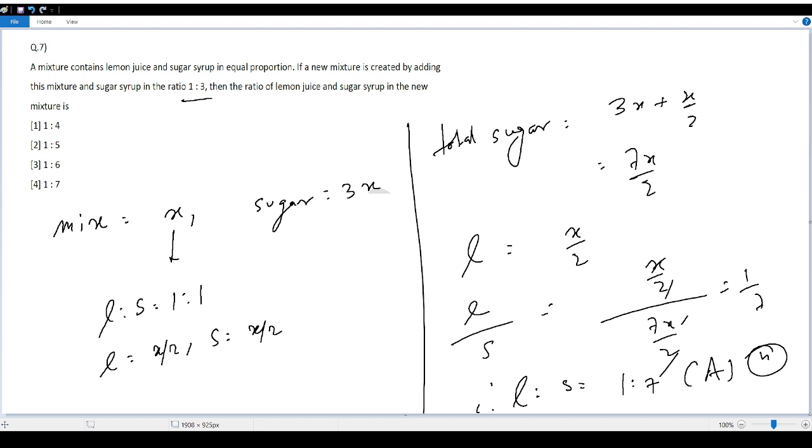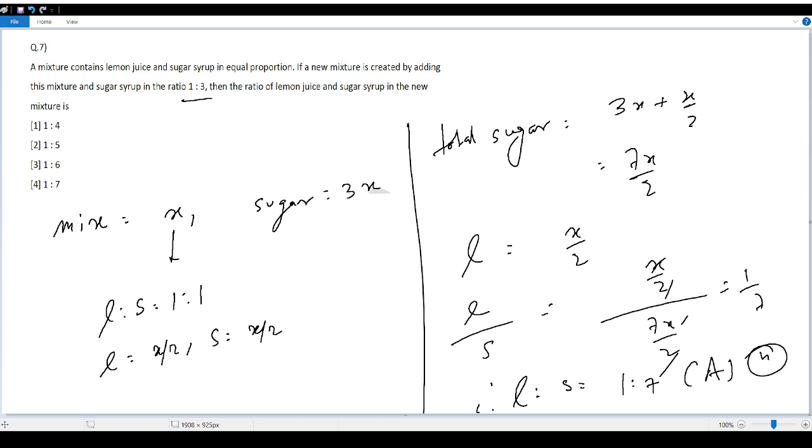Sir, I did not do it by the x method, right? I did it by the allegation method. Initially it is 1:1. In the new mixture, the old mixture is getting transferred as one part, so lemon to sugar syrup is also 1:1 if it is getting transferred.